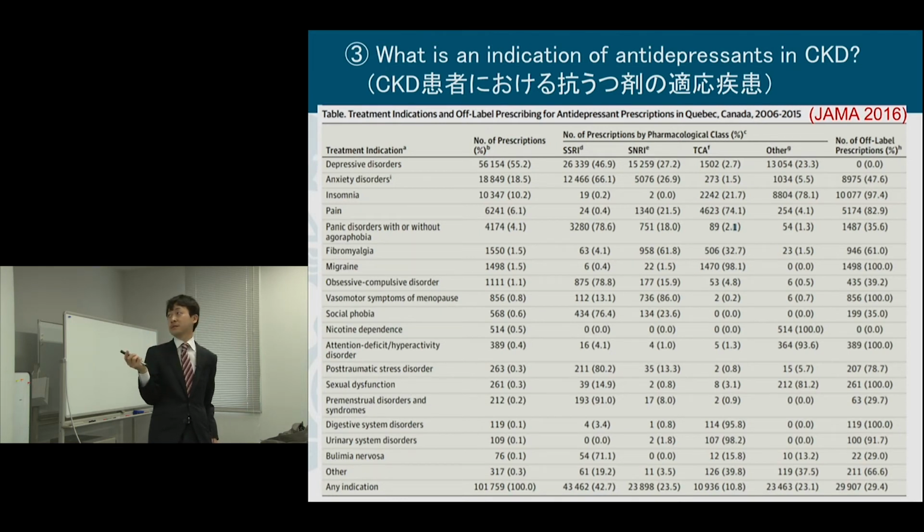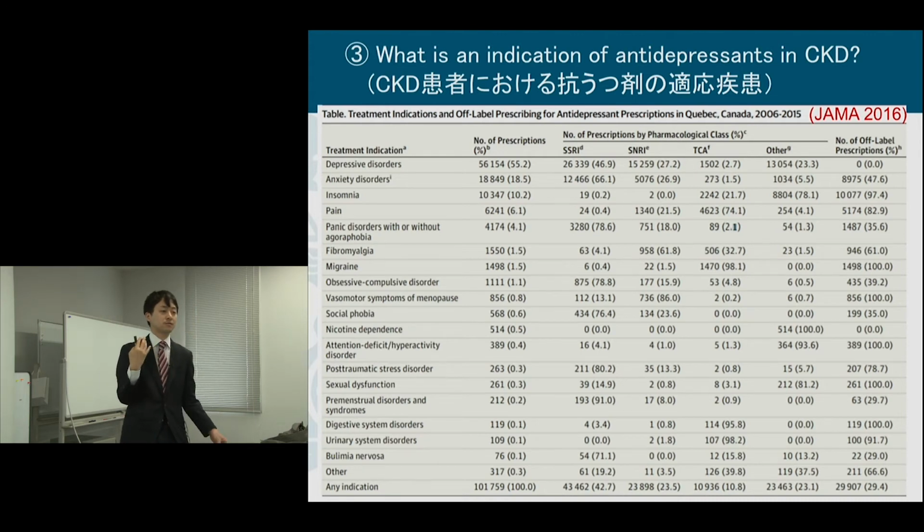So in the case of antidepressants, this Quebec, Canada study suggested that antidepressants were prescribed only for 55% for depression, followed by anxiety for 18%, and insomnia or sleeping problems for 10%, and pain and 6%, and many other indications. And in the case of antibiotics, antibiotics may be prescribed for pneumonia or UTI or other infections.